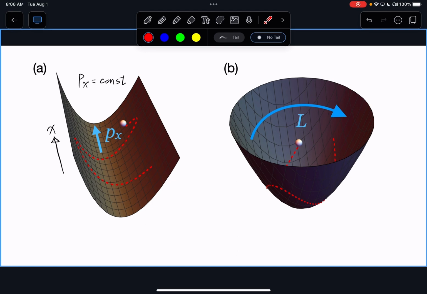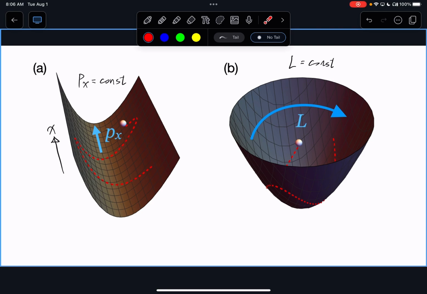Because it's going to keep doing that forever, the angular momentum, which is how it is going around the center, is going to be conserved. So in this case, the angular momentum of the ball is conserved because the valley looks the same when you rotate it.